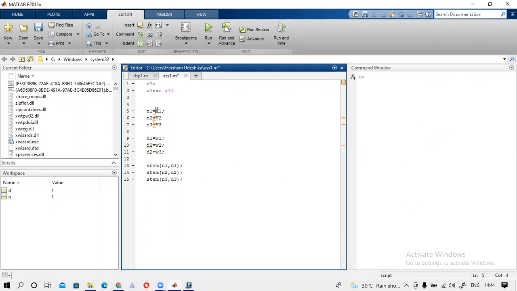Here you can use input variable one, like this. Is it clear? You can use input variables like this.